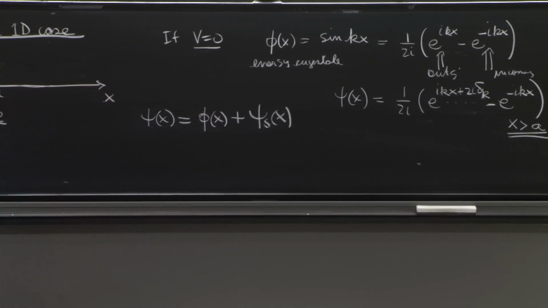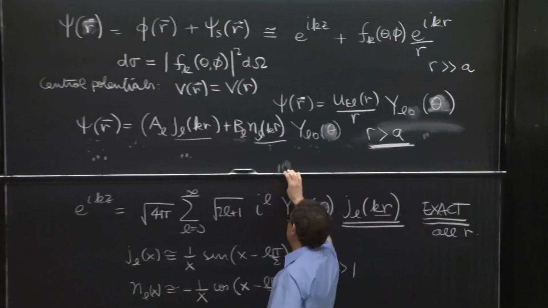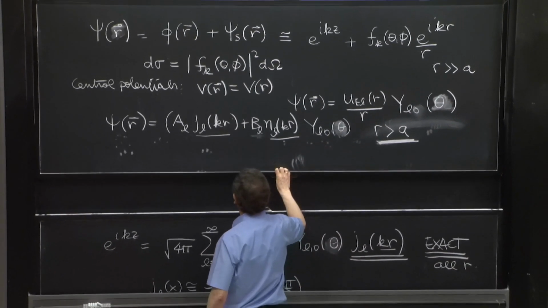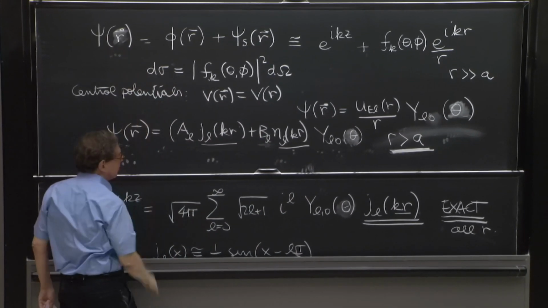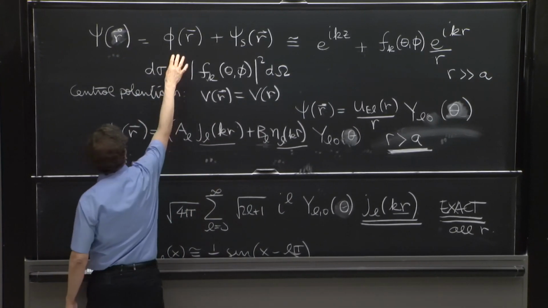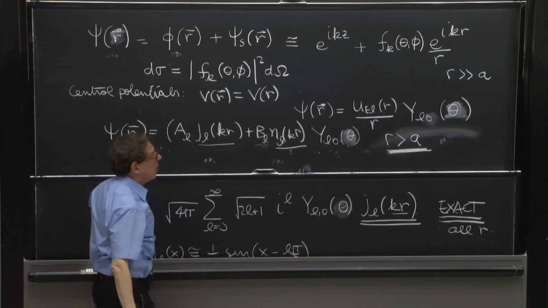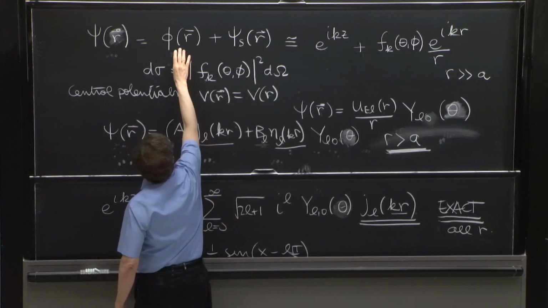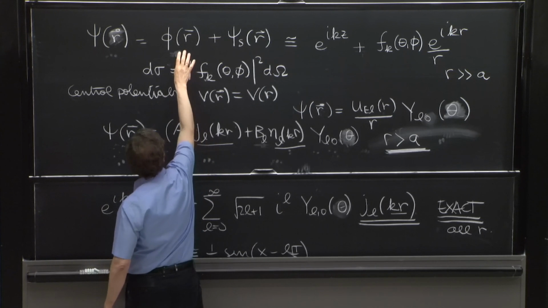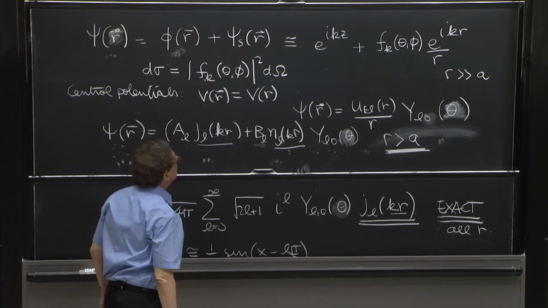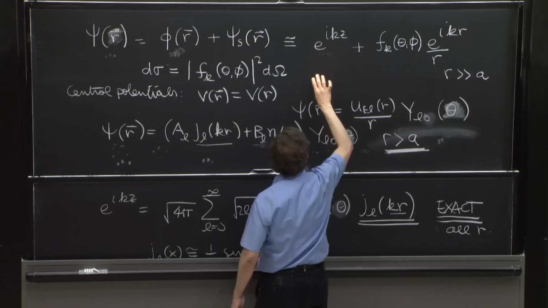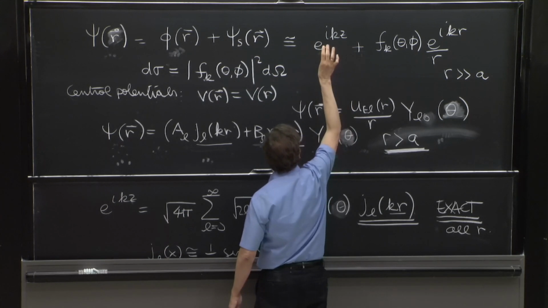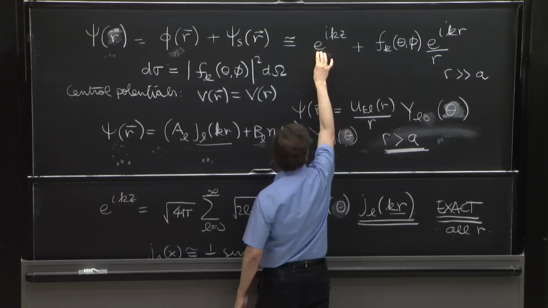It is exactly analogous to what we did here, in which we have the total wave being a reference wave. Well, actually, incoming and outgoing wave, the e to the I kz has incoming and outgoing wave, and it's a solution when the potential is equal to 0.